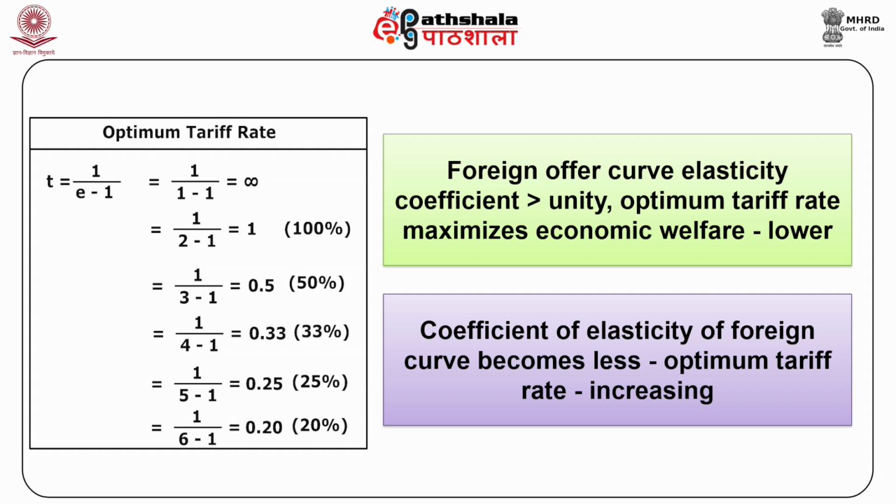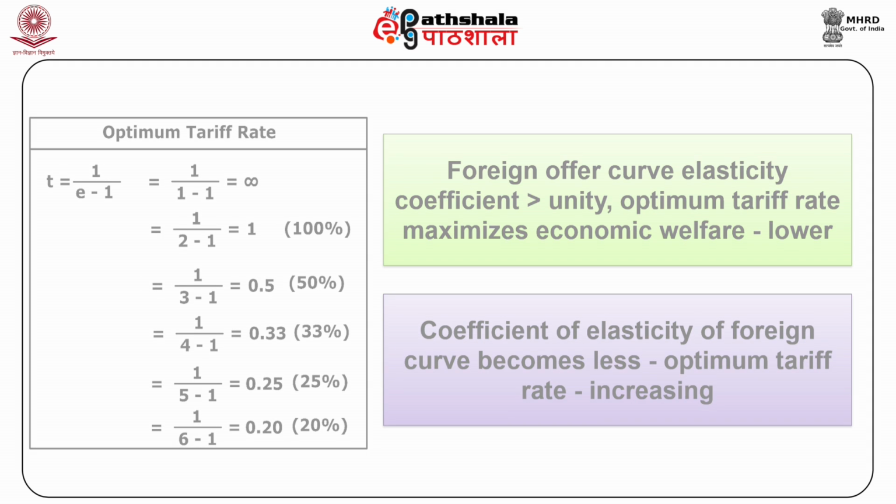As the coefficient of elasticity of the foreign curve becomes less and less, the optimum tariff rate will go on increasing. So, in other words, if the foreign demand for the home country's product is inelastic, the optimum tariff level will be higher, and if it is elastic, the optimum tariff rate will be lower.